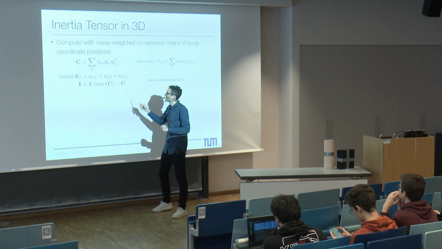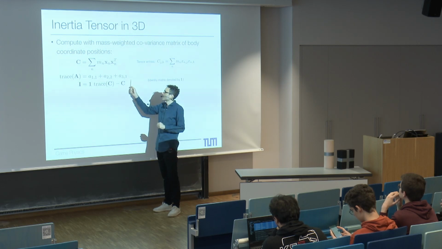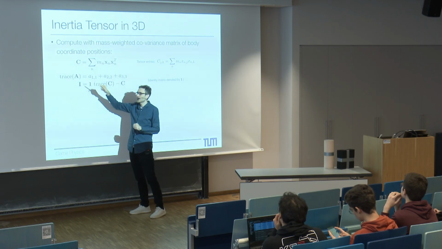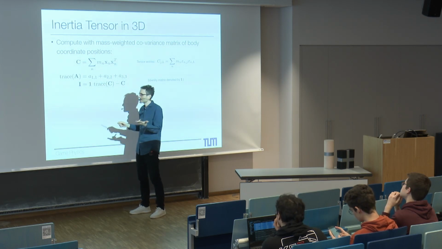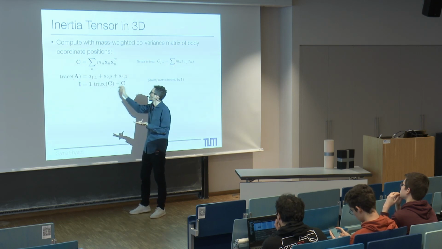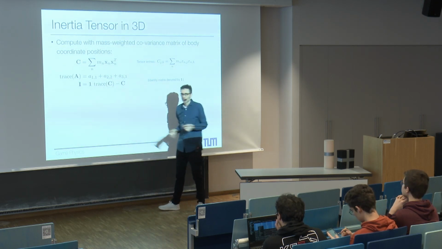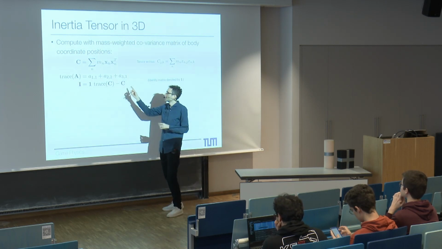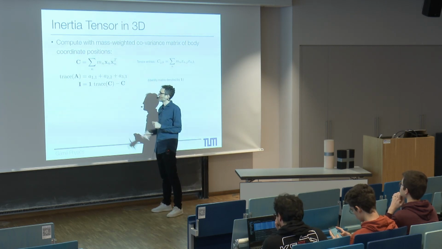What we need to subtract again are the diagonal components. The diagonal of the matrix you get out here has 3 entries, to be denoted by matrix A: A11, A22, A33. Basically, that's the trace of the matrix, and these values we actually subtract.